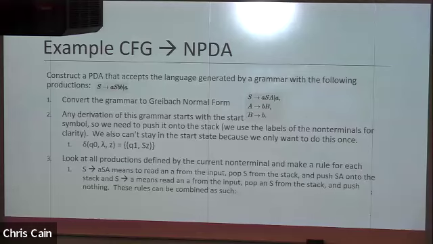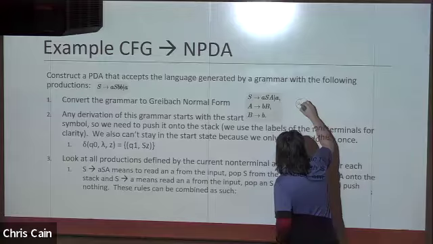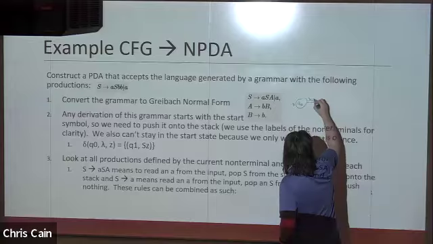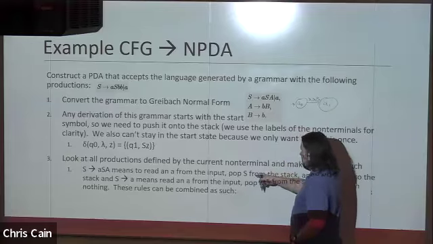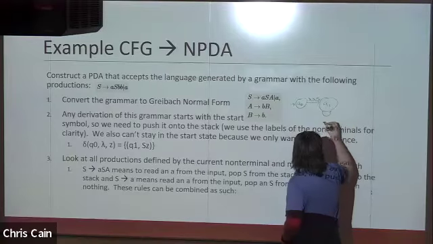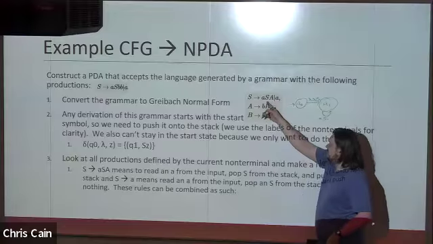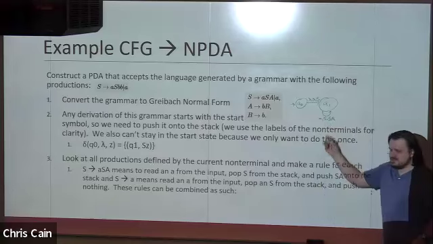So if we're drawing an NPDA for this so far, we have an initial state that is boring. From here, we're going to read nothing, pop nothing, push an S. From Q1 now, we have a transition where we can go from S, let's do this down here, that says that we're going to read an a, we're going to pop the left-hand side S, and we're going to push the right-hand side, this S followed by this A. Again, we push from right to left.